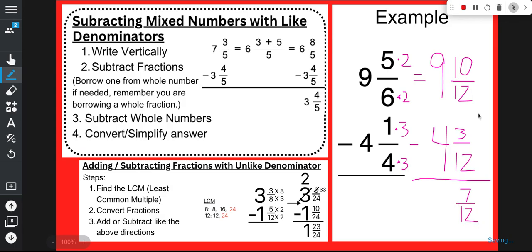If my top was not bigger, I would have had to borrow a whole. And remember, when we borrow a whole, we add how many pieces our whole had to the top amount. But now we can do our whole numbers. 9 minus 4 is 5, so we get an answer of 5 and 7/12.